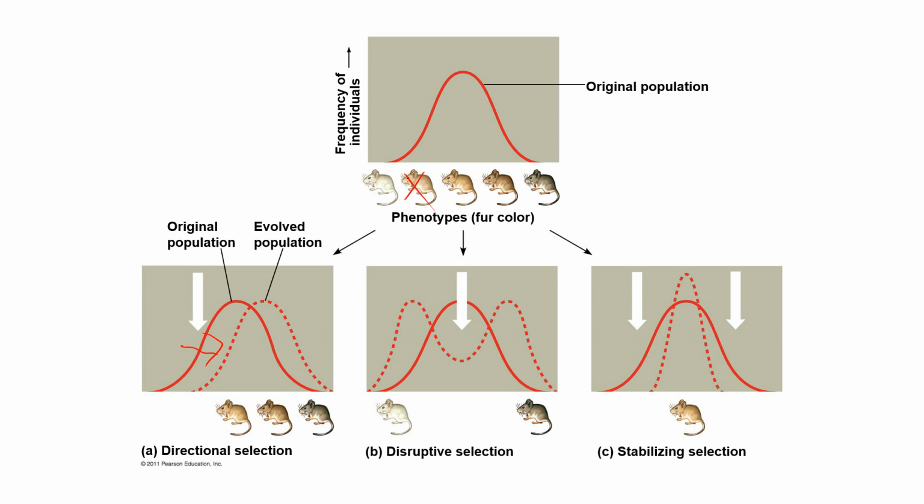For disruptive selection, the intermediate phenotype is selected against, or those that fall in the middle. The ones at the ends are favored, so you basically have an inverted bell curve. Those at the extremes are favored, really light and really dark, and those in between are selected against.